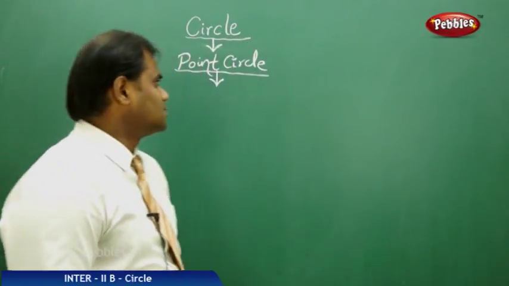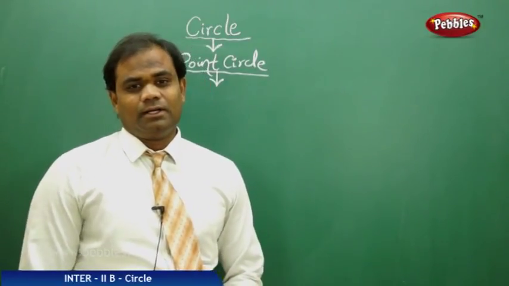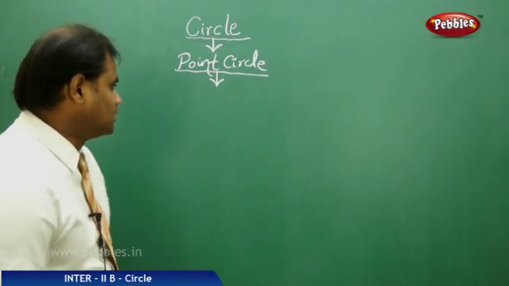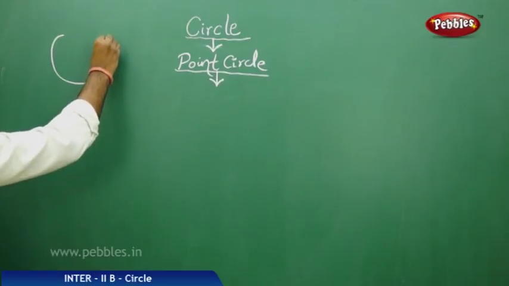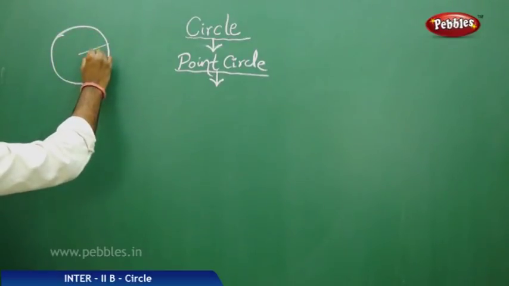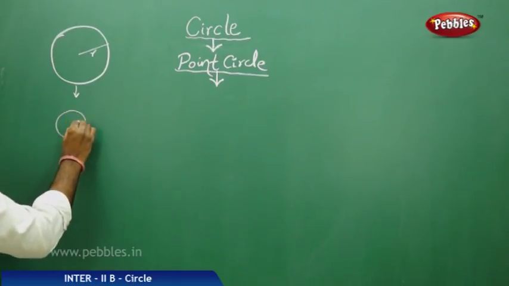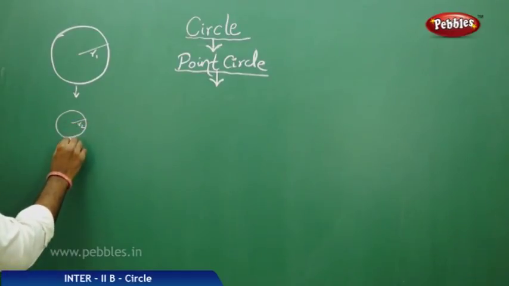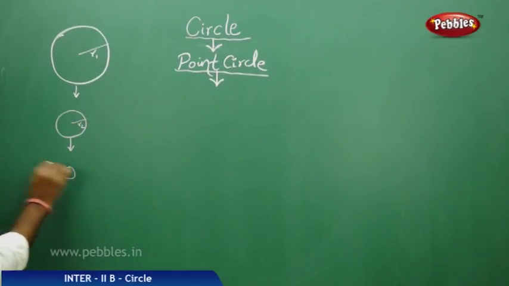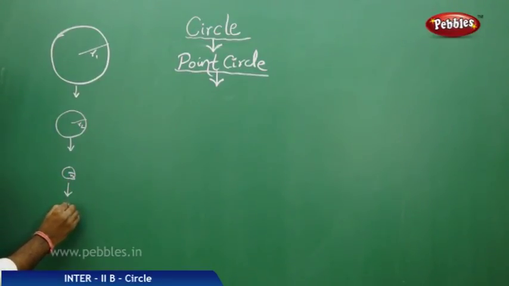Now next is the point circle. So what do you mean by a point circle? Before we discuss the point circle, let's revisit circles. Now as I see, a circle with radius r1 is reducing to a smaller circle with smaller radius r2, and then again reducing to a further smaller circle, say with radius r3, and so forth.